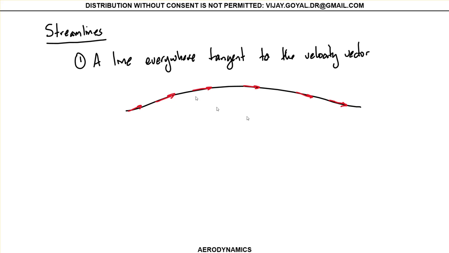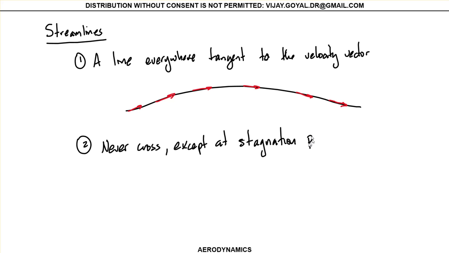These are tangent lines, and they will never cross except at a stagnation point. Number 3 for streamlines: they are not functions of the flow alone, but of my frame of reference.